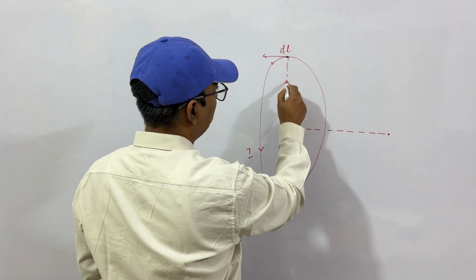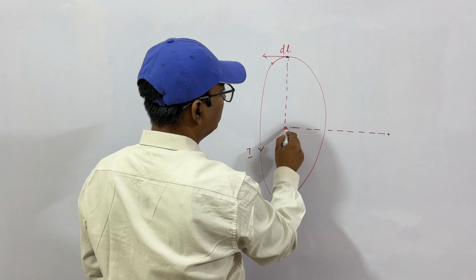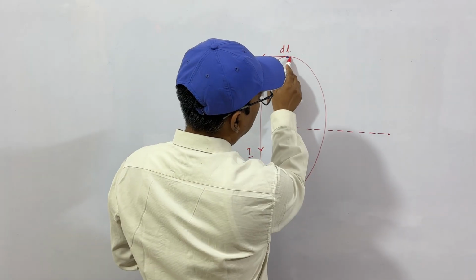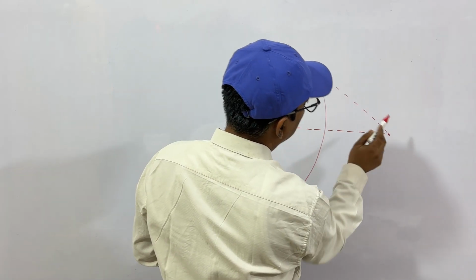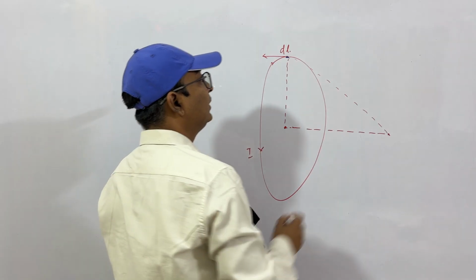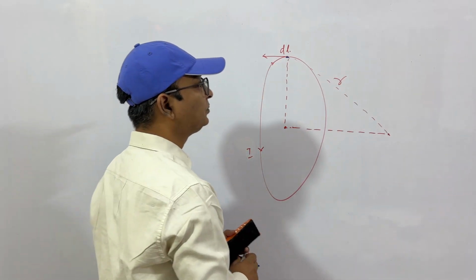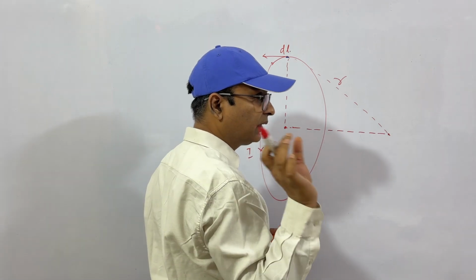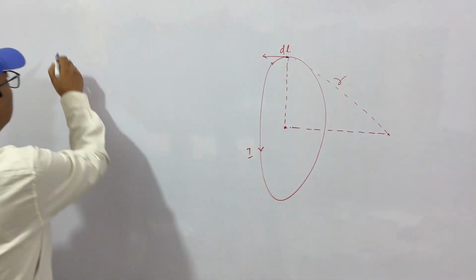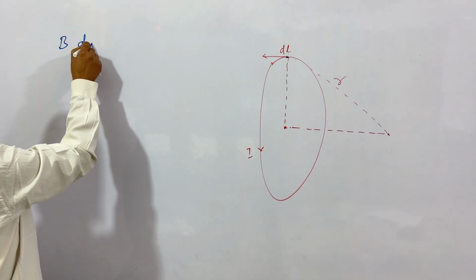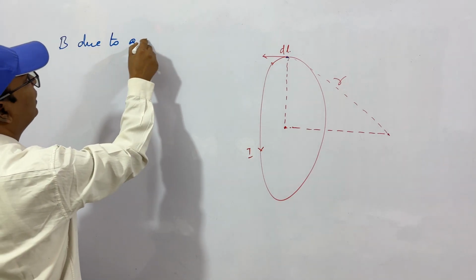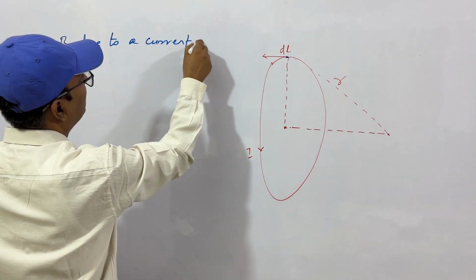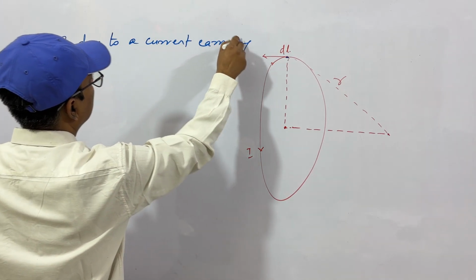Now let's join it to the center. Now this is your length r, the distance between this point and this current element. I'm talking of current element only. Our topic is magnetic field due to a current carrying circular loop.